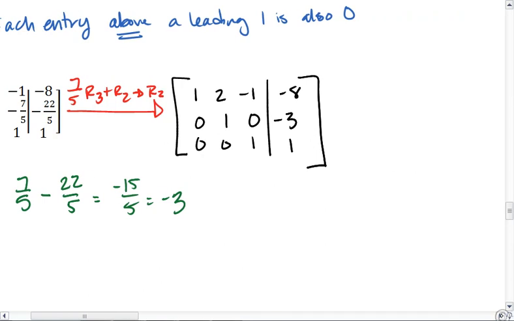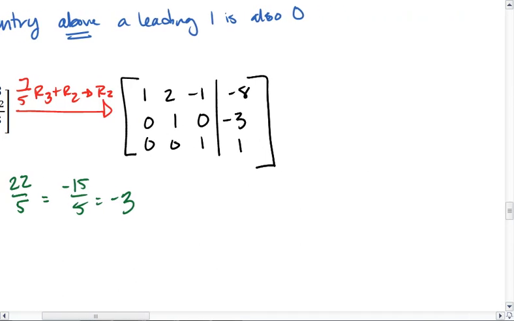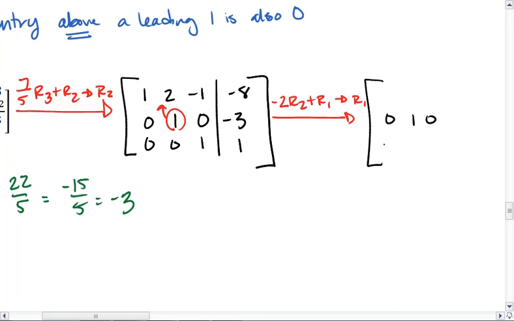Now I'm going to use this one to get rid of this 2 up here. So I'm going to take negative 2 times row 2 plus row 1, and that will be my new row 1. So row 2 and row 3 are staying the same.